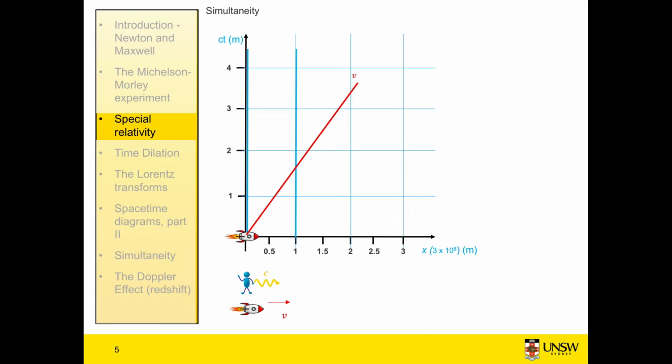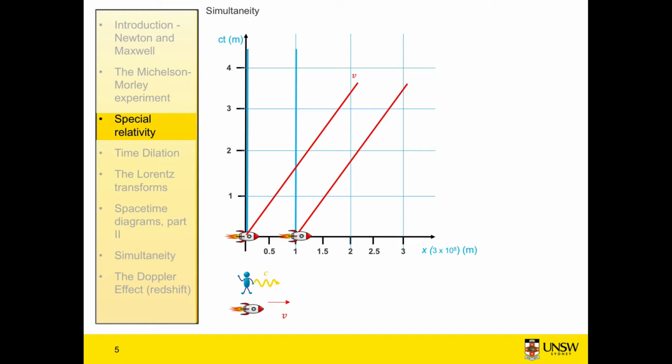And we know that our second rocket, which started at time t equals 0, but at a location 1 light meter in front of the first, and is moving with exactly the same speed as the first, will then look like this. So our men see these rockets zoom past at a velocity v.